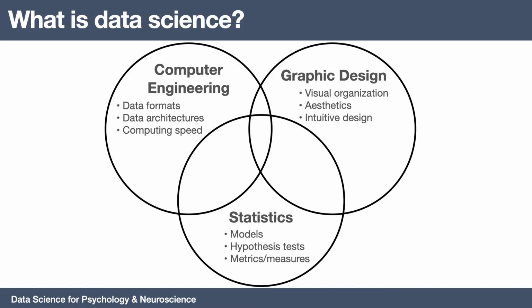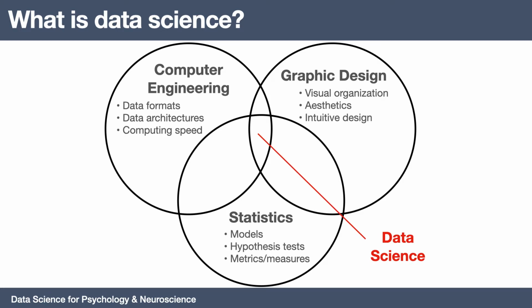Graphic design is focused on visual organization, aesthetics, intuitive design, and statistics, which is probably the most closely linked to data science. It's focused on model building, hypothesis testing, developing metrics and measures. And data science really sits right in between these three fields.